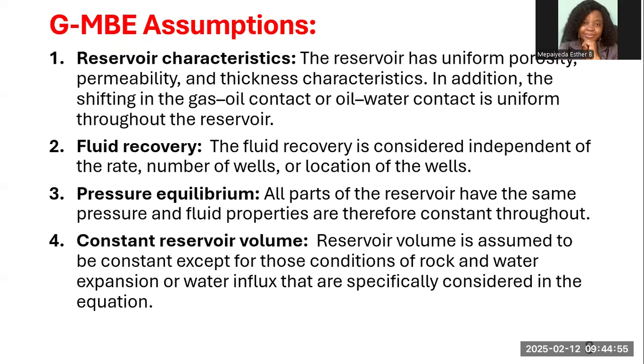Your GOC is the contact between your gas cap and your oil, and your oil-water contact is the contact between your oil and your water. You'll see this as we go on. So the reservoir has uniform properties; it is assumed that across your reservoir all the properties are uniform.